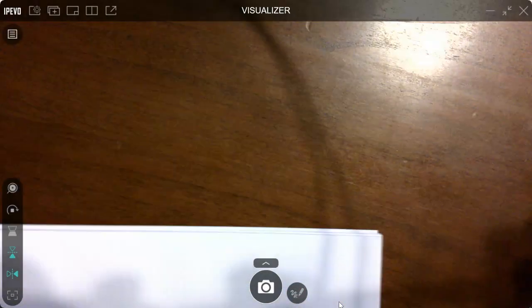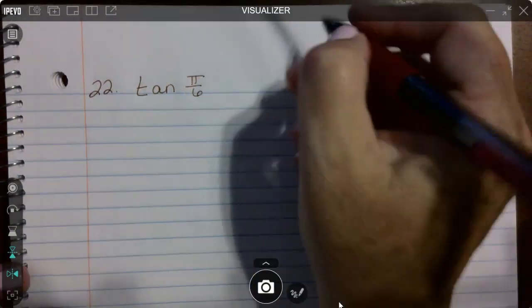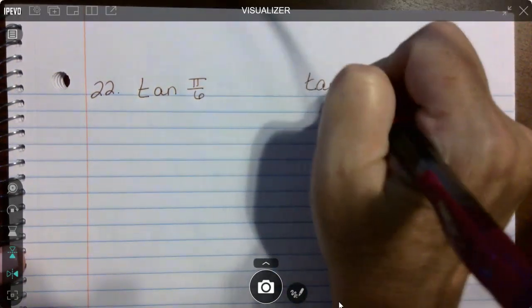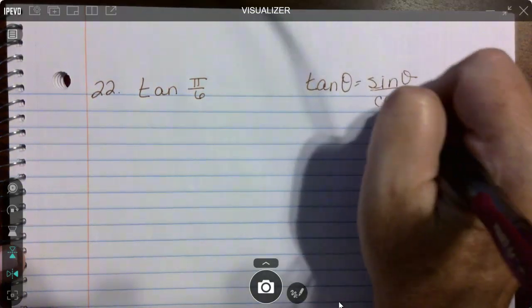Okay, I'm going to just flip my page. I don't want to crunch my numbers or squish. So tangent of pi over 6. Okay, formula for tangent. That's right, tangent is sine over cosine.